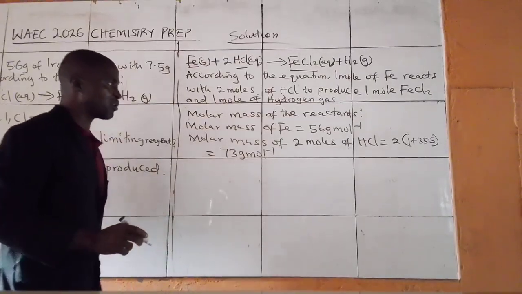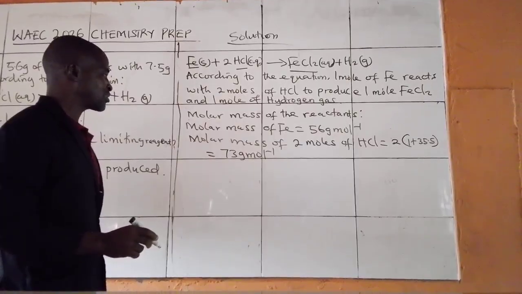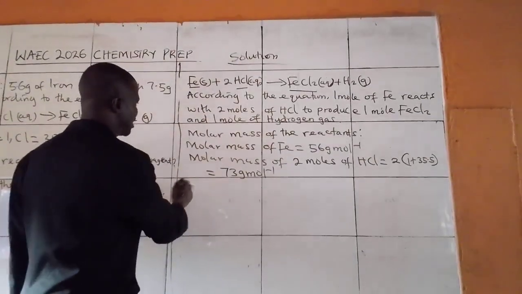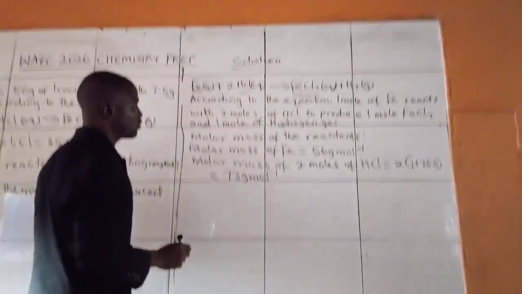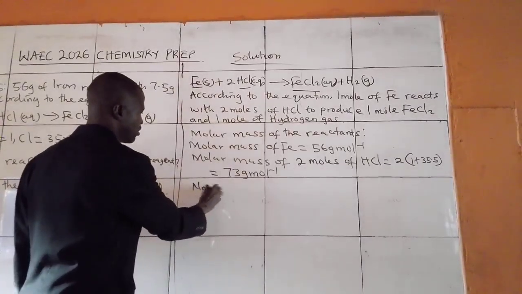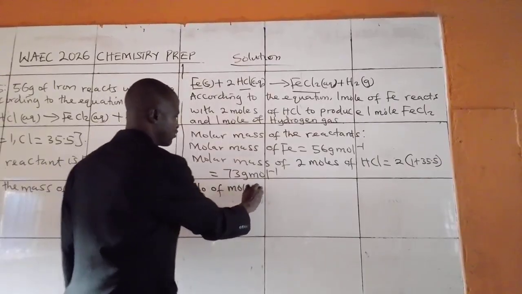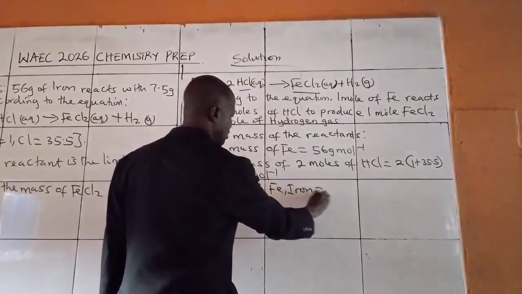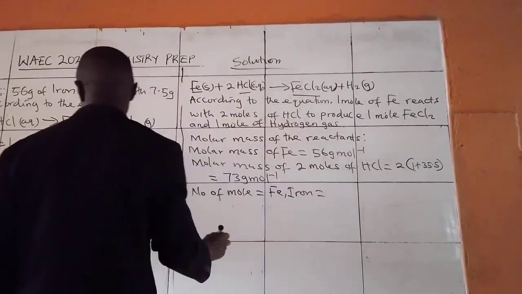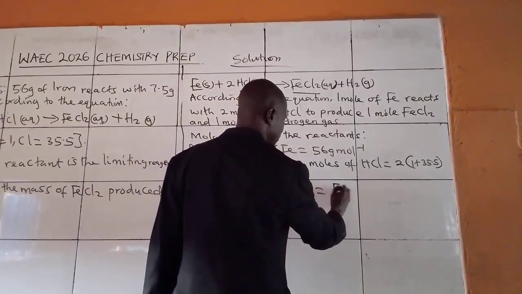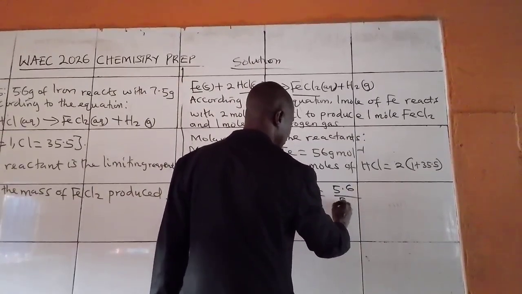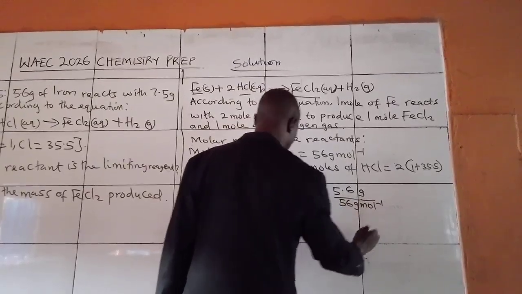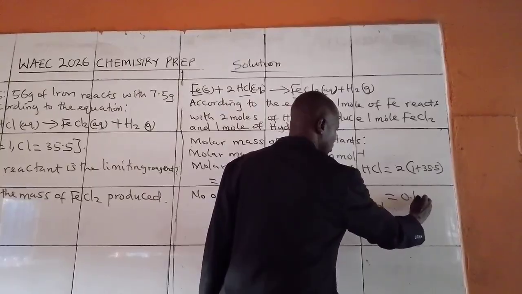Having calculated the molar mass of 2 moles of HCl as 73 gram per mole, we now calculate their number of moles. Number of mole of Fe, that is iron, is equal to 5.6 gram divided by 56 gram per mole, which is equal to 0.1 mole.